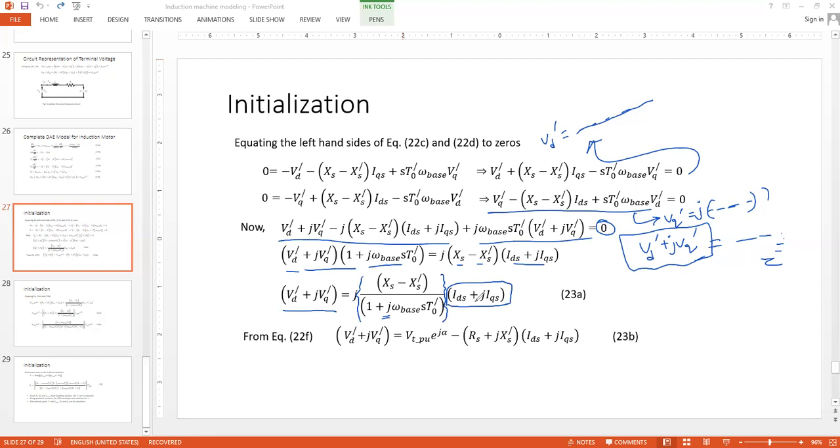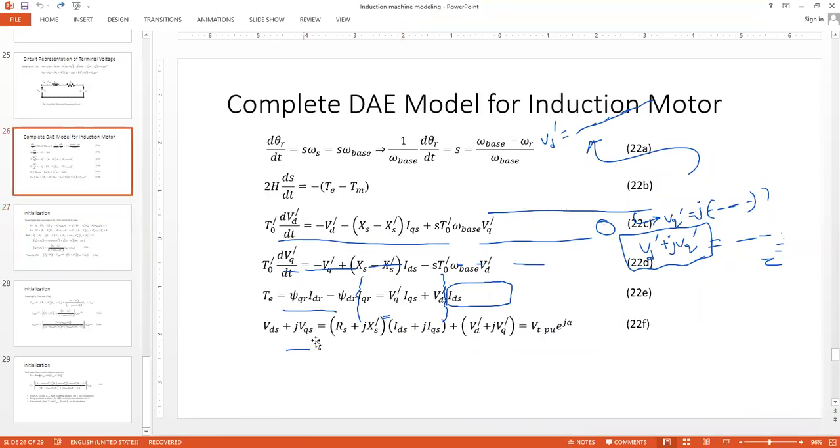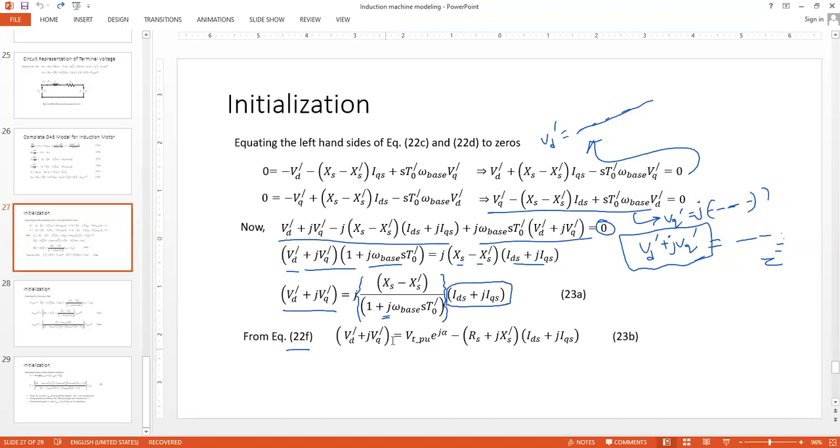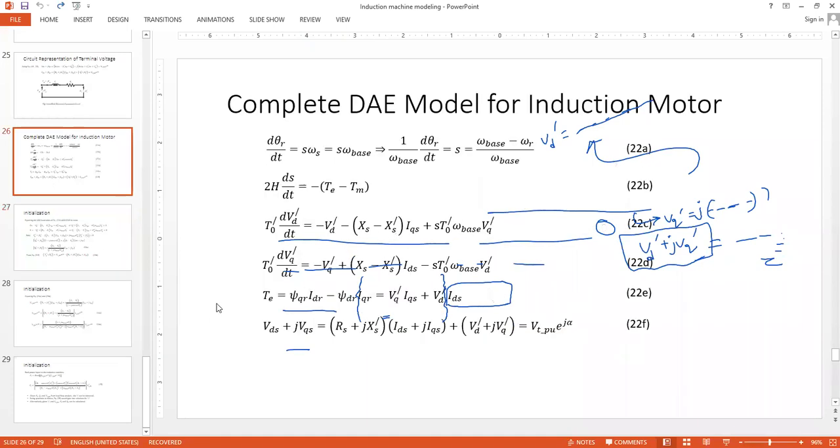And then from 22F, what else can you get from 22F? Let's see. From 22F, you see there are some other expressions of VDS plus JVQS, which is related to VD dash plus JVQ dash. So from there, you can write what VD dash plus JVQ dash actually is.